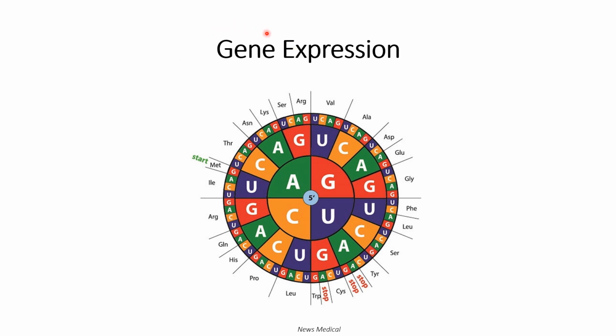We say that a gene codes for something, it codes for protein. So we are going to express these genes so that the bacteria could manufacture those proteins.